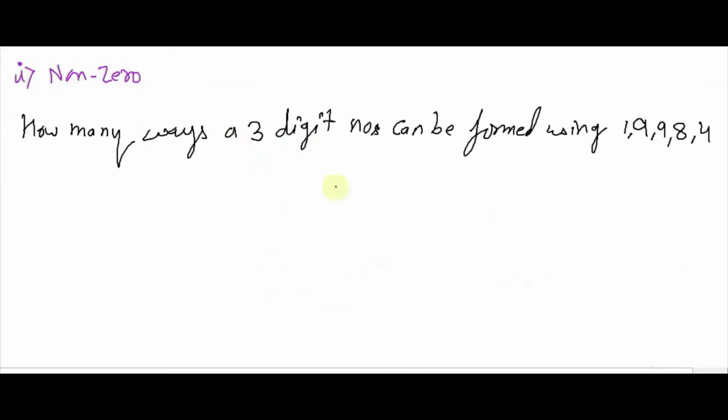So let us consider another example of the non-zero type. The question is, in how many ways can a 3-digit number be formed using 1, 9, 9, 8, 4? Here the number of digits is 5, meaning n is equal to 5, and the number of spaces is 3, meaning r is equal to 3. Now let's put these values in the formula. 5P3 is equal to, now the catch here is that 9 is repeated twice, so we will divide the whole by 2 factorial.